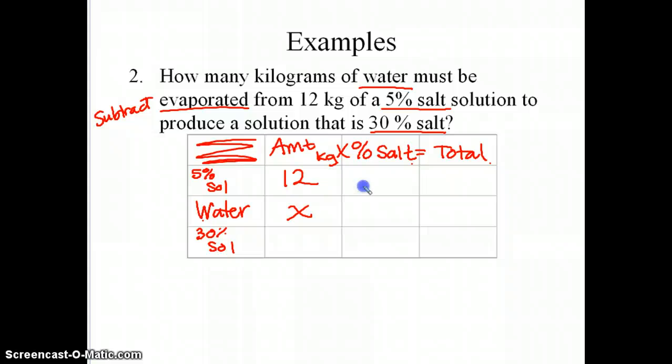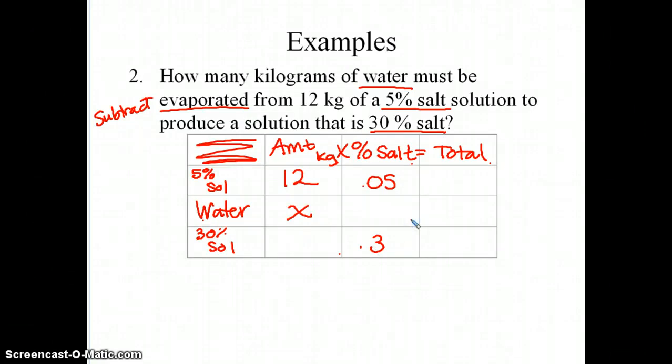So this is my 5%, this is my 30%, just from reading that problem. Now I have 4 boxes filled in. I have 2 that I still need to fill in.